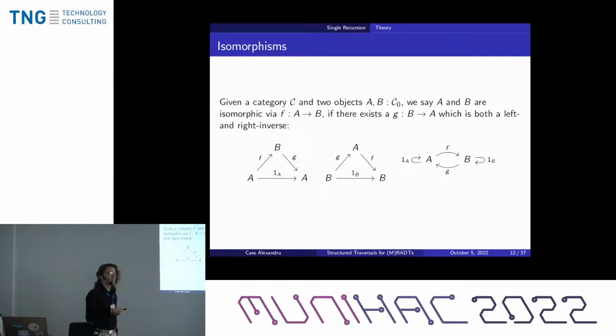That means that any path that I can take via these arrows is equal to any other path.